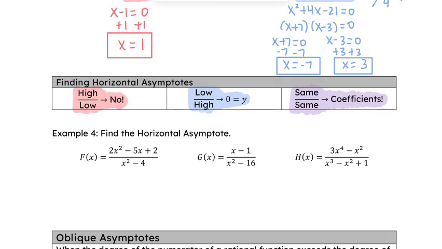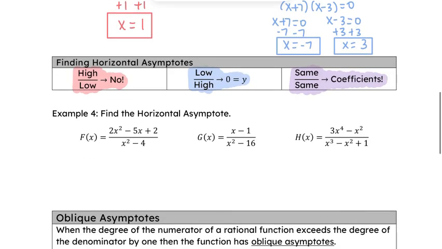So for f of x, we've got 2x squared minus 5x plus 2 over x squared minus 4. The degree for the top is the highest exponent, which would be the 2x squared, quadratic. The degree for the bottom, x squared minus 4, would also be squared. So for this one, we've got same over same.